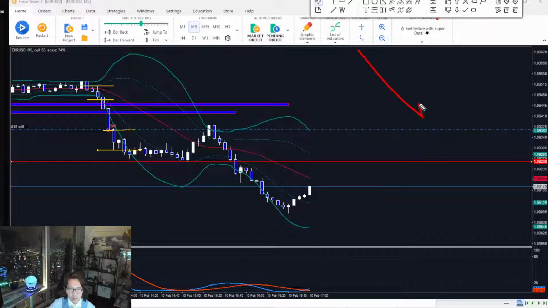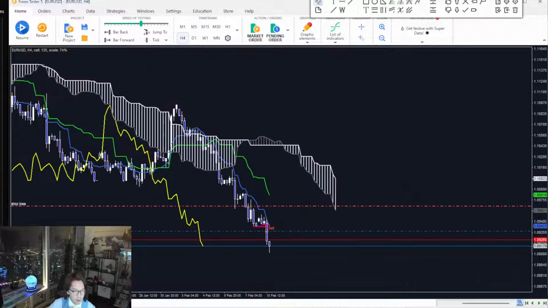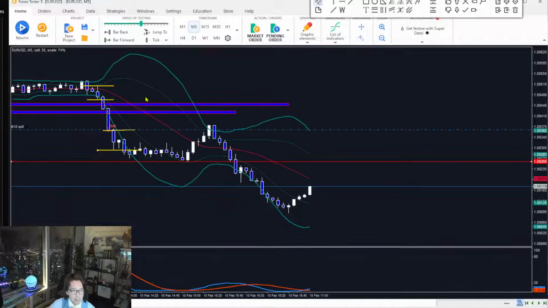But when the 4-hour is still down, which is the case right now, the 4-hour time frame is still down, Kumo is still down, Kijun-sen down, Tenkan-sen down, Chikou span below candles. So to me, this is bearish. It's a downtrend. So coming back to the 5-minute, although I see the small retracement, I don't really care because I think this reversing wave will continue. So that's my logic behind.